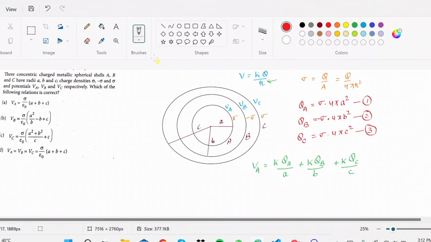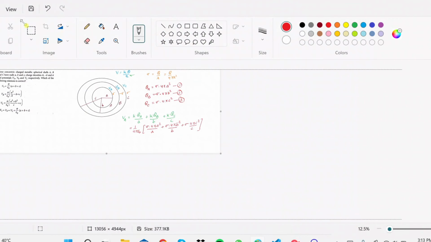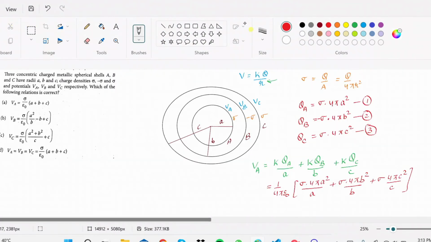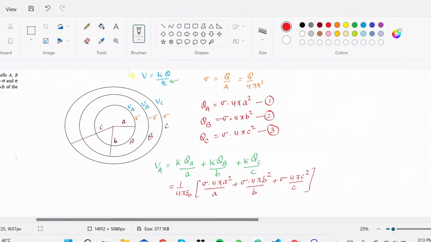Can we substitute values here? Yes, let's substitute the values. K will be 1 by 4 pi epsilon naught outside. QA is sigma into 4 pi A square upon A, plus sigma into 4 pi B square upon B, plus sigma into 4 pi C square upon C. Let's take 4 pi common out and cancel, and sigma also common.